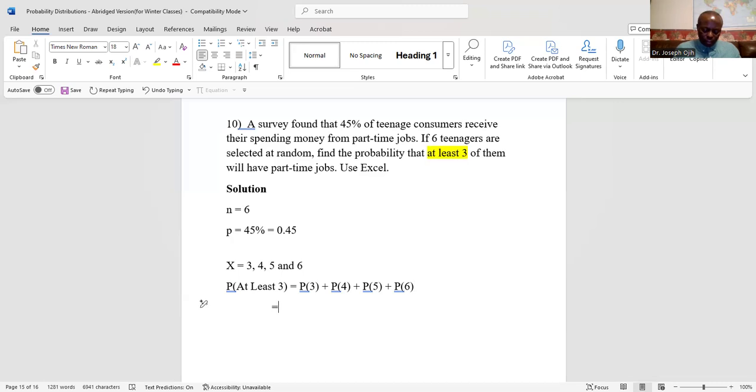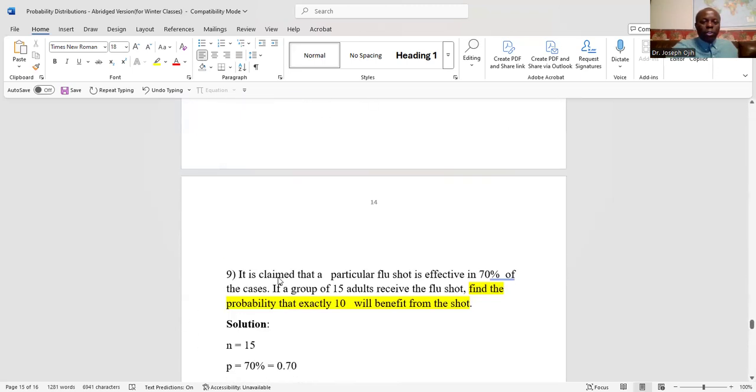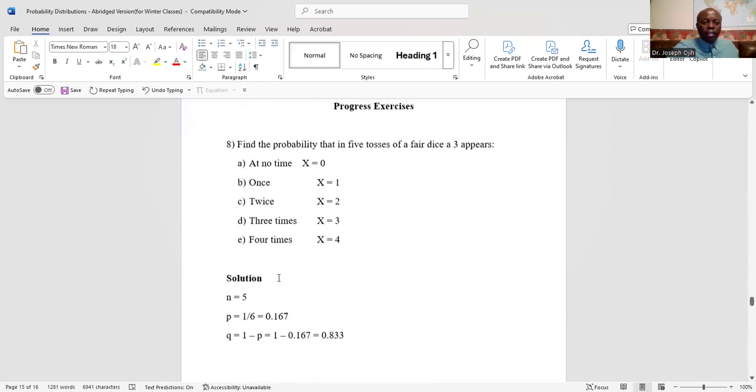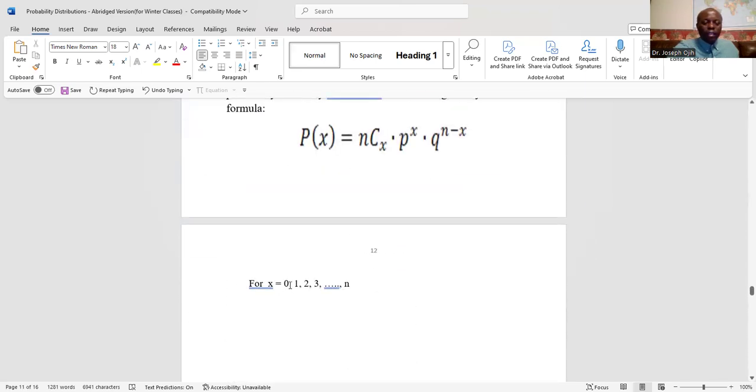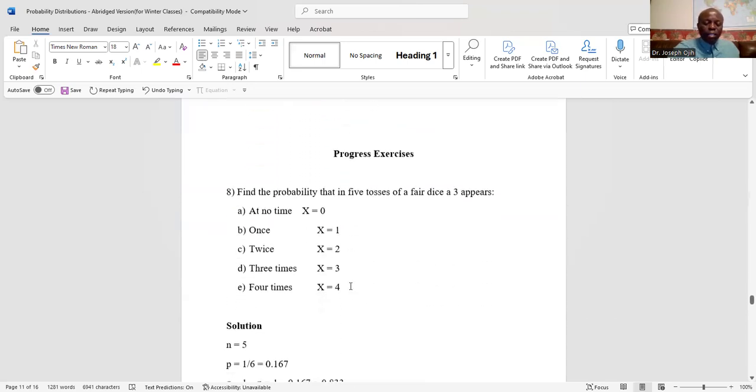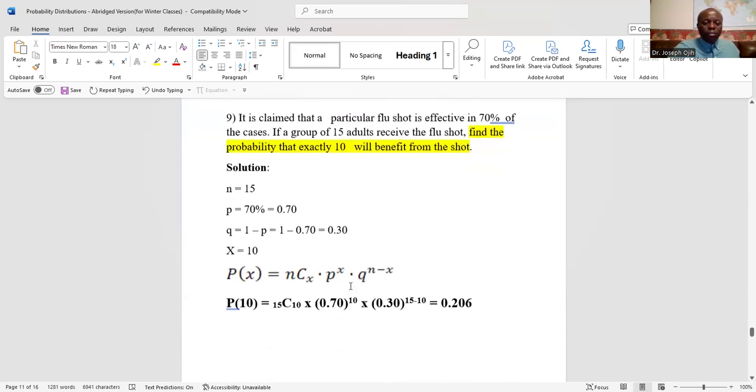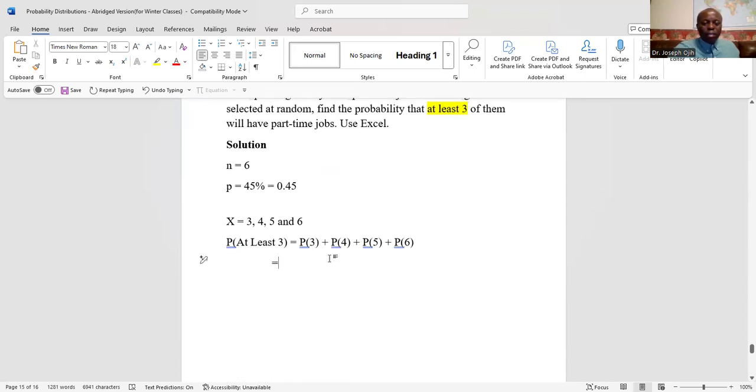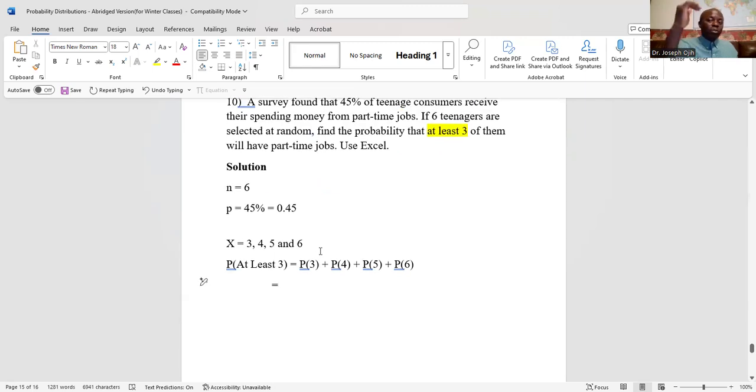N is 6, P is 0.45, and X. Remember when I showed you the binomial formula, I said that X goes 0, 1 to N, where N is the last number, like here, N is 6. Having that in mind, it is asking at least 3, so I'm going to list from 0 to 6, then choose at least 3.